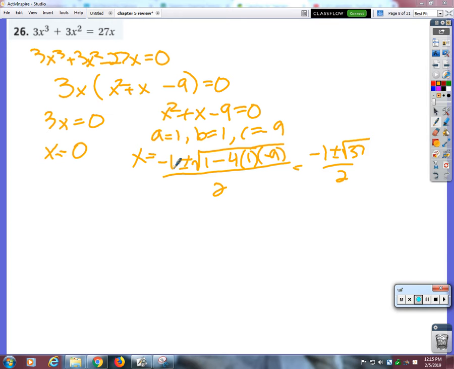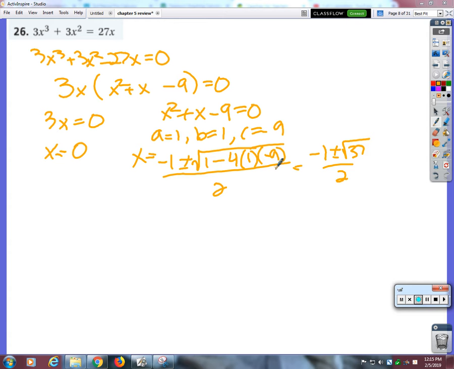Plus or minus, because anytime you take a square root, you get a positive and a negative. Okay. Square root of b squared, what's 1 squared? 1 minus, always minus 4 is next. Be polite. 4 times A times C. Okay? All divided by 2 times A, and since A is 1, 2 times 1 is 2.